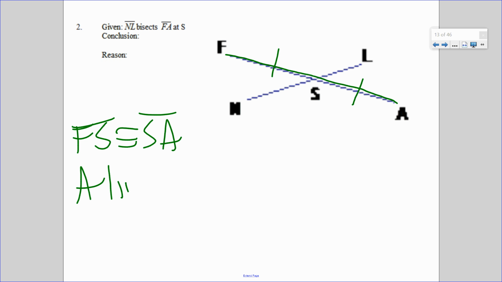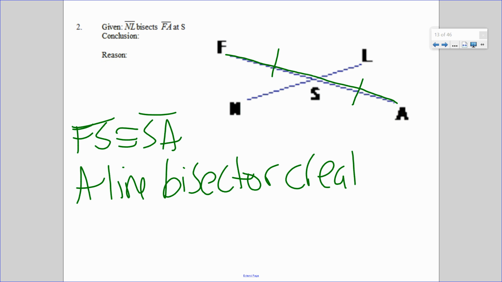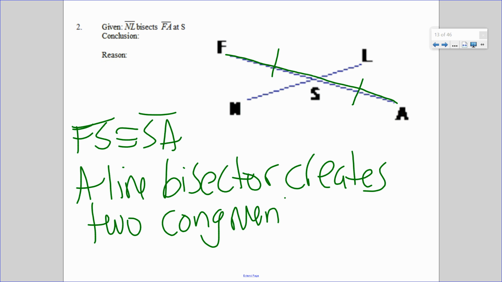My reason, a line bisector creates two congruent segments. Now we're going to talk later about an angle bisector. How do I know that this one's a line bisector? Well, since FA is what's being bisected, FA is a line segment. That's why it's a line bisector.